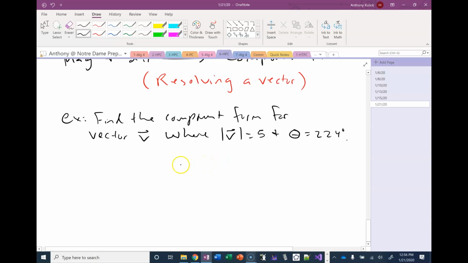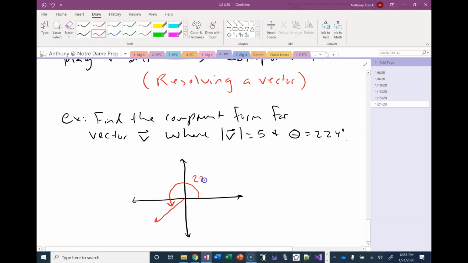Before we write the formula for this, let's imagine what it is that we're doing and justify where this formula is coming from. So if I draw a 224 degree angle, I'm going to be somewhere here, right?